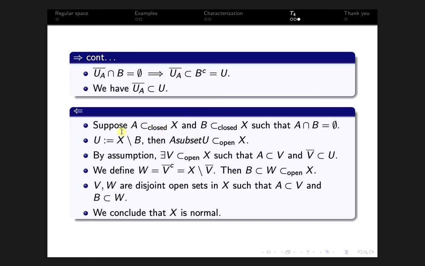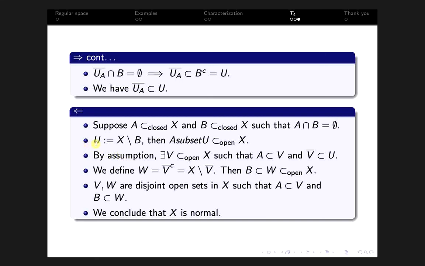Basically, we have to prove that for A and B disjoint closed subsets of X there are disjoint open neighborhoods U and V containing A and B. So suppose A is closed in X and B is also closed in X, and they are disjoint, A intersection B equals the empty set.